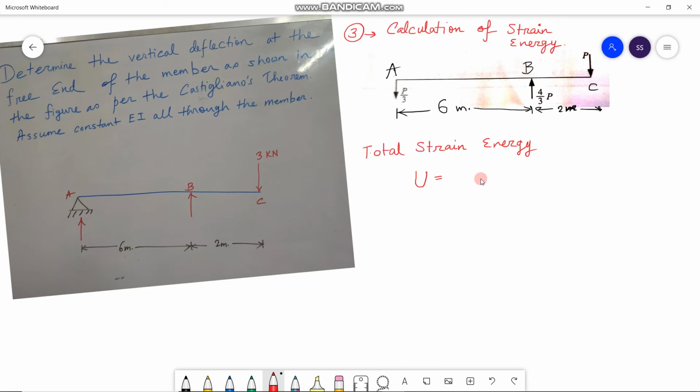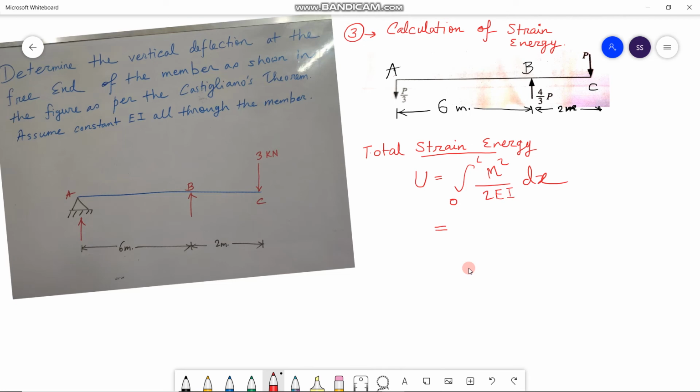So to calculate the total strain energy, we have U equals integration 0 to L M square by 2EI dx.